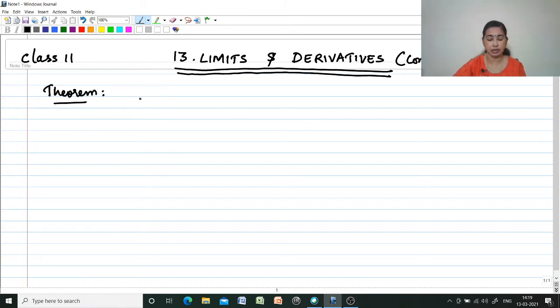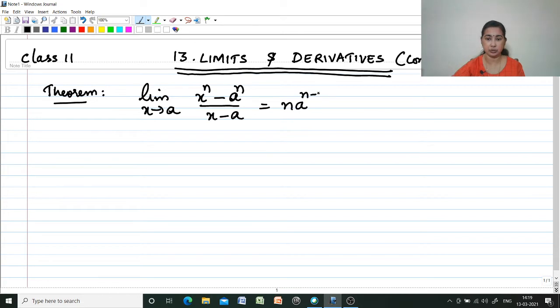that is, limit x tends to a, x raised to n minus a raised to n by x minus a is equal to n a raised to n minus 1. Here the proof is not needed, we just have to understand these are standard results.